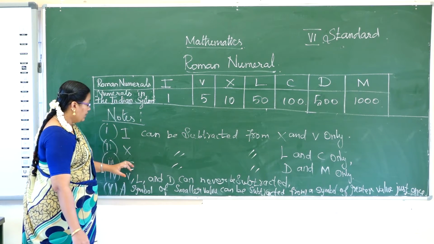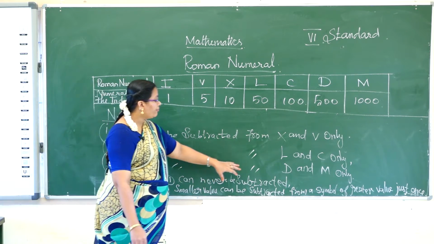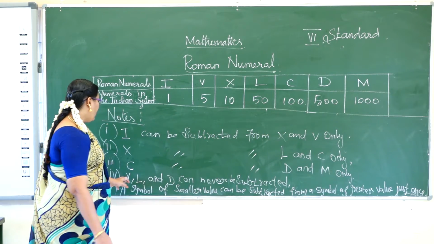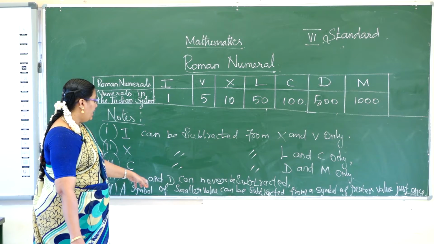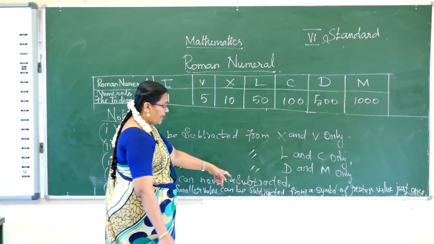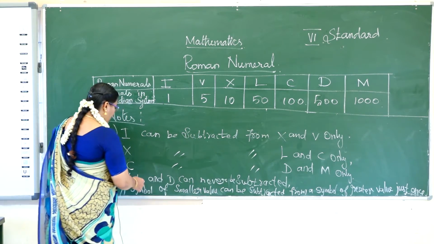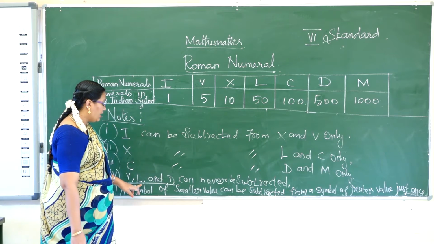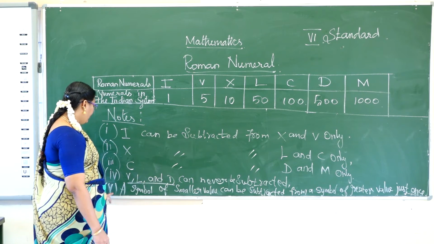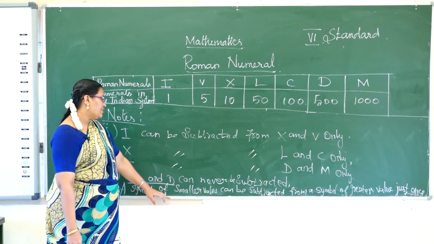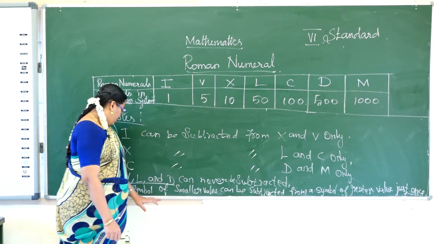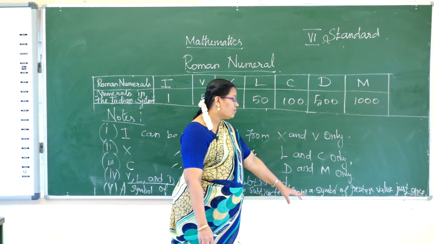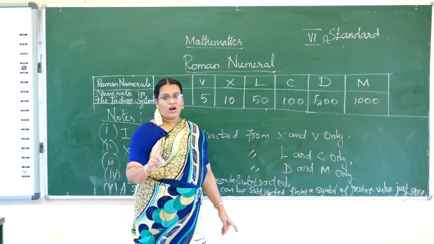And third one, C can be subtracted from D and M only. Fourth one, V, L and D can never be subtracted. So, which letters cannot be subtracted? V, L, D. And then the fifth rule, a symbol of a smaller value can be subtracted from the symbol of the greater value just once only.